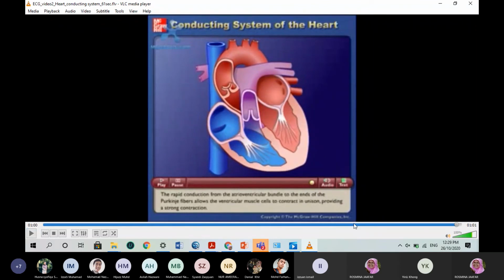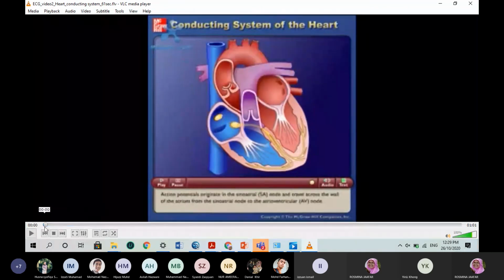Okay, if I show you from the beginning, there are 2 points in the heart tissues, which is the location called the SA node on top of the right atria, and another location between the right atria and the right ventricle.